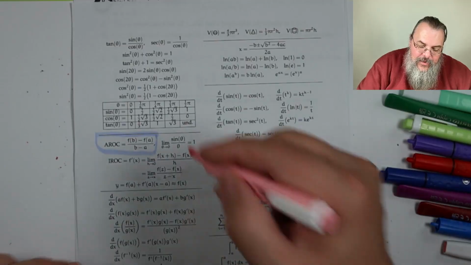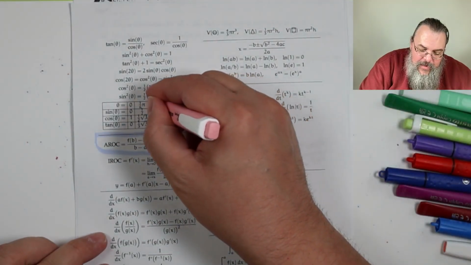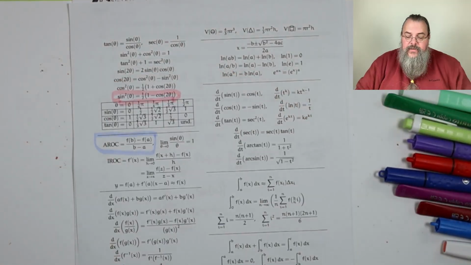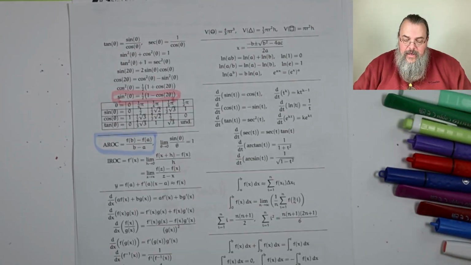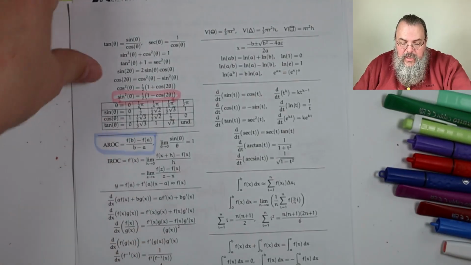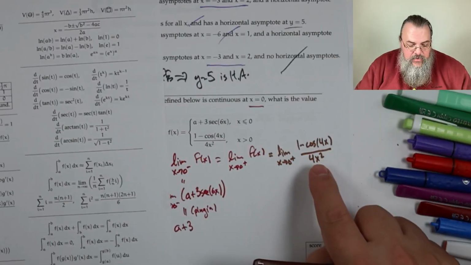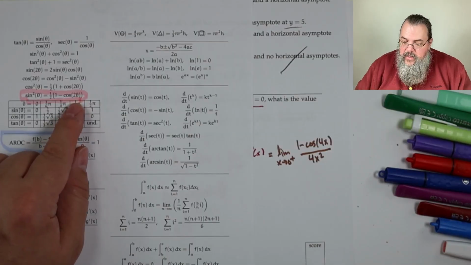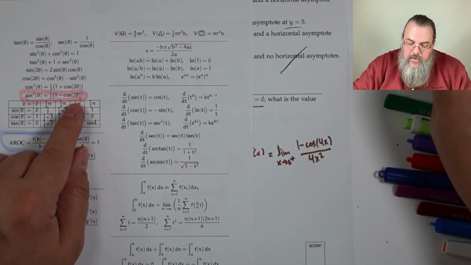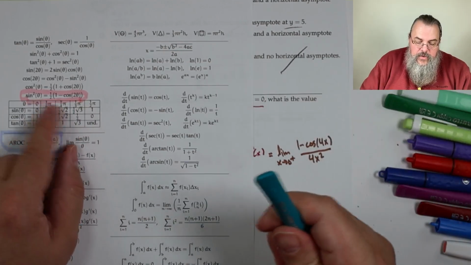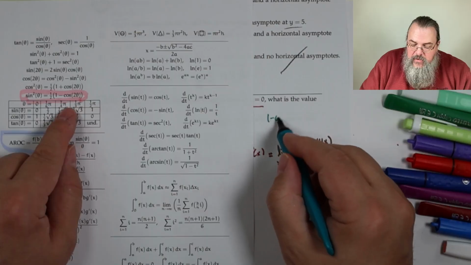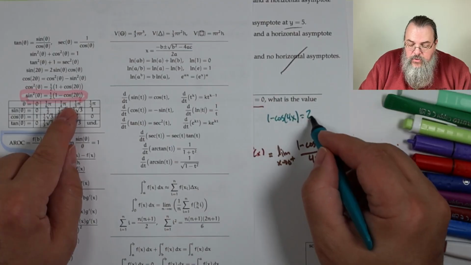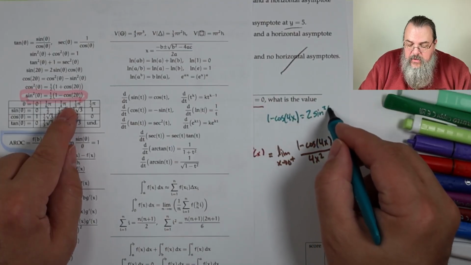I think this is what they wanted us to see: 1 minus cosine 2 theta is 2 sine squared theta. What if we replace theta by 2x? We make a little note: 1 minus cosine of 4x would be equal to 2 sine squared of 2x.